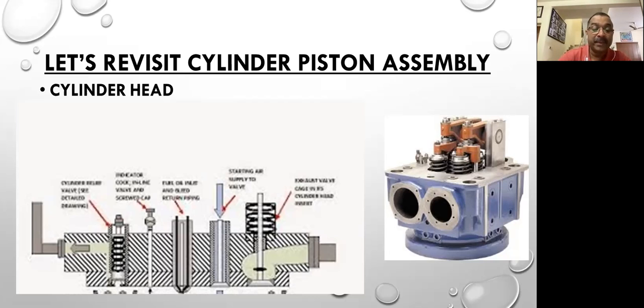At the middle we have what is known as the fuel injector, and next to it we have another opening in the cylinder head, that is the starting air supply. The real cylinder head picture is here. Okay, Satish, next.